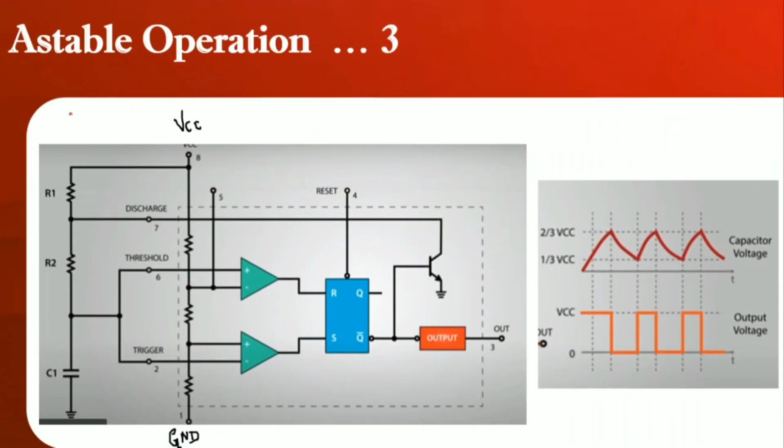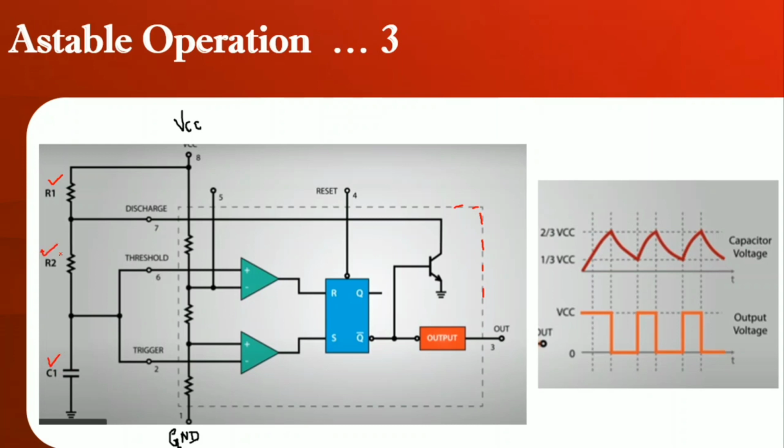Look at this. In this astable operation, this is the 555 timer IC, right? These dotted lines are nothing but the 555 timer IC. To this, you are connecting VCC with R1, R2 and the capacitor C1 here.